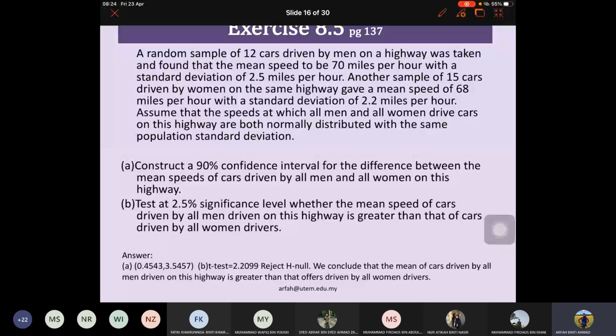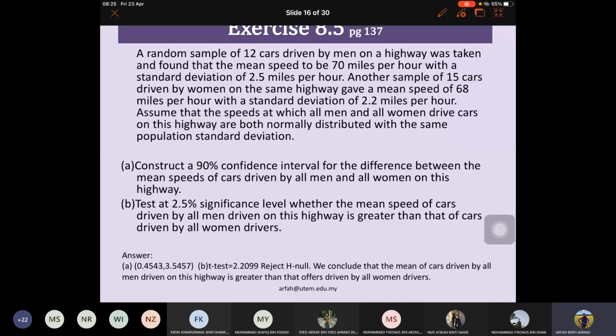So another sample of 15 cars driven by women on the same highway gave a mean speed of 86 miles per hour with a standard deviation of 2.2 miles per hour. So assume that the speed at which all men and all women drive cars on this highway are both normally distributed with the same population standard deviation. Meaning that we want to compare the speed of cars driven by men and women.